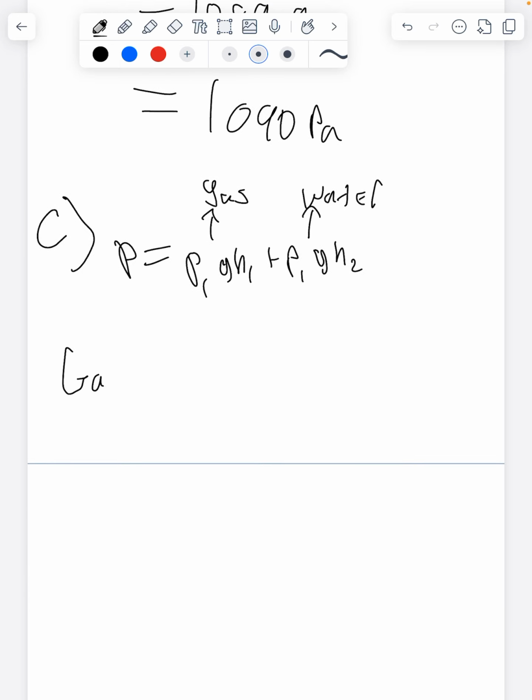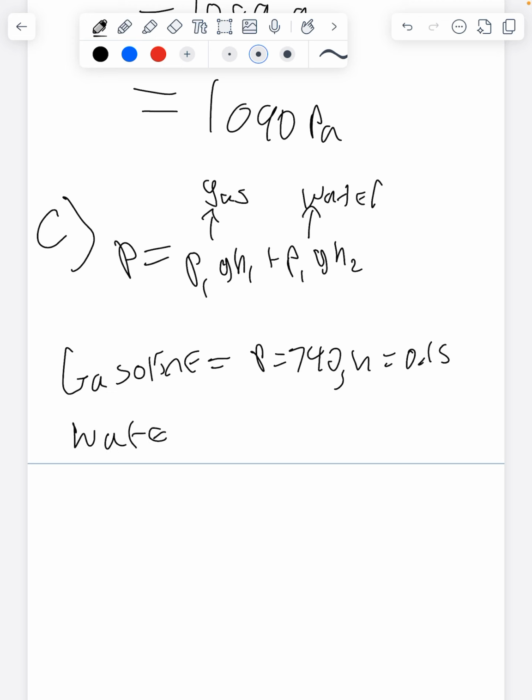And we do know the values of this. So for gasoline, ρ equals 740 because we did it in the problem before, and its height is 0.15. And then for water, ρ equals 1,000, and then h would equal 0.15.